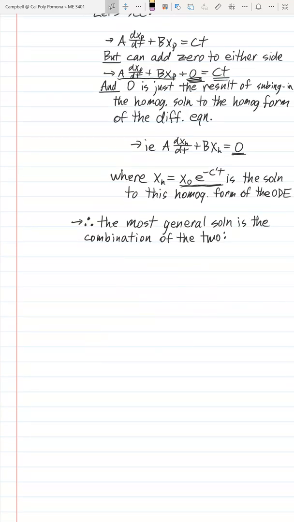So until then, we'll just say that the overall solution x is equal to xp plus, and here we can take, of course, the homogeneous solution and multiply it by any arbitrary constant we want, because the homogeneous solution is just going to give us 0 when we plug that basis function into the homogeneous form of the differential equation. And so we're going to get 0, k times 0 is still going to give me 0. So we can multiply it by any arbitrary constant.